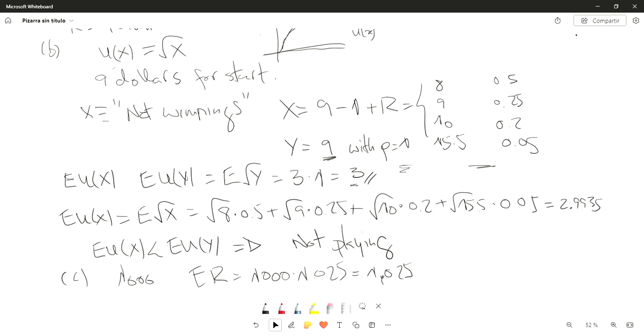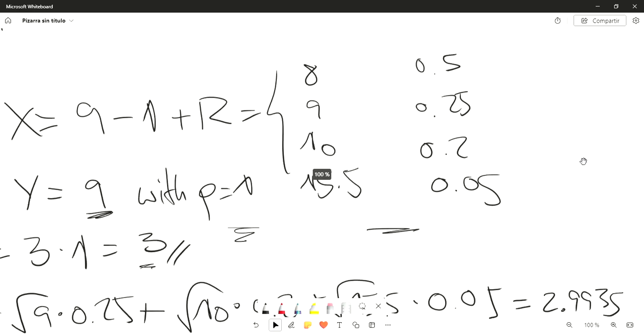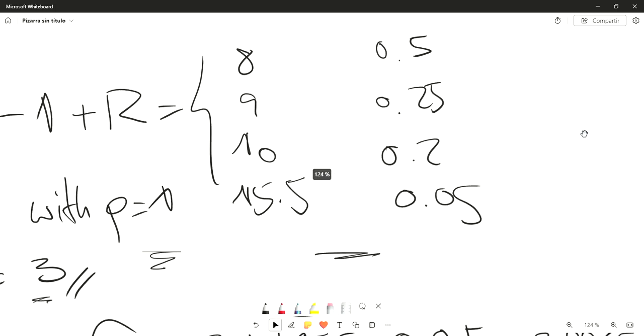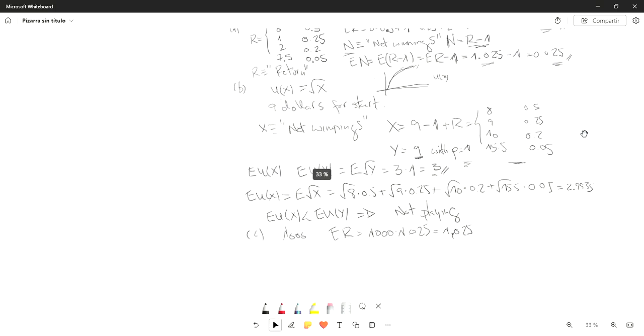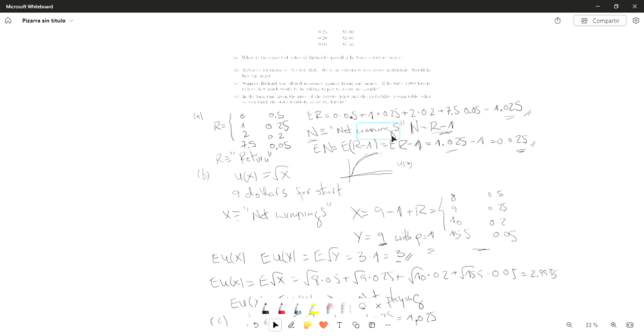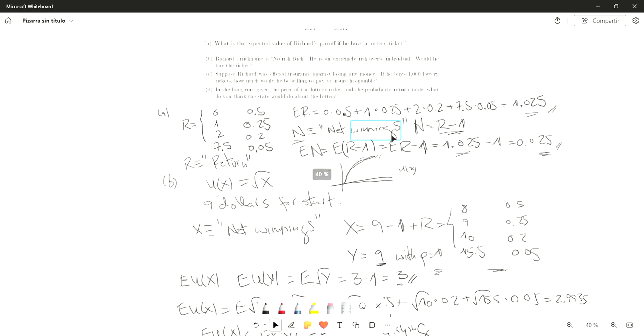What about the next part? The last part of the exercise is, in the long run, given the price of the lottery ticket and the probability return table, what do you think the state would do about the lottery?